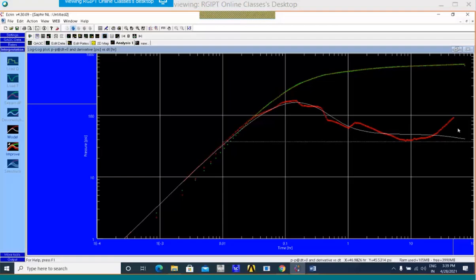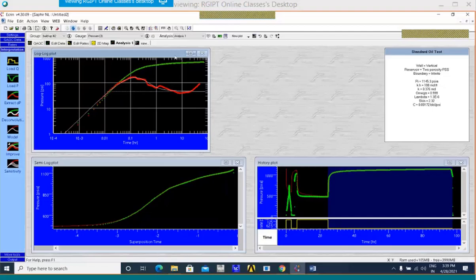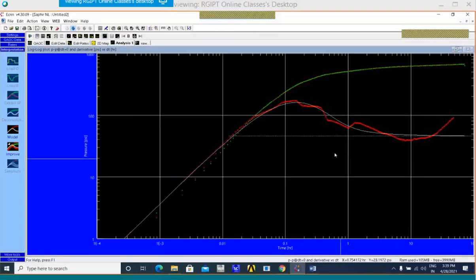So we thought that we should try the change in the model. So instead of vertical, we will use vertical. Then if it is not homogeneous, then try two porosity. And then again, because it's not circle, then try infinite. Yes. Now you can see from the previous case, something has been slightly improved here.